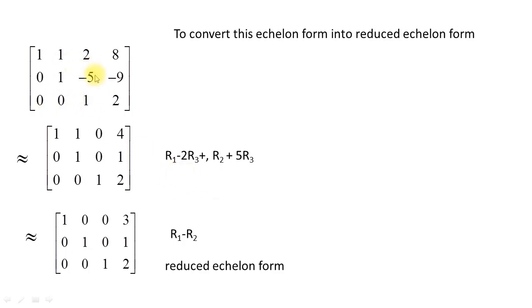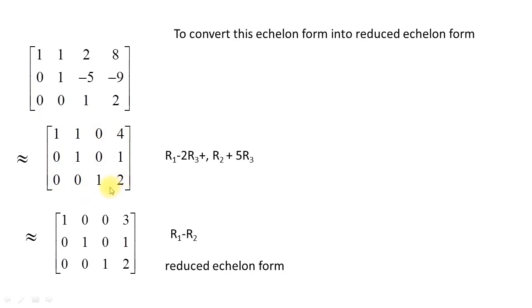Now, to convert it to reduced echelon form, we perform some more operations: multiplying the third row by 2 and then subtracting the result from R2, and adding 5 times R3 to R2. We obtain a similar matrix: 1, 1, 0, 4, 0, 1, 0, 1, 0, 0, 1, 2.